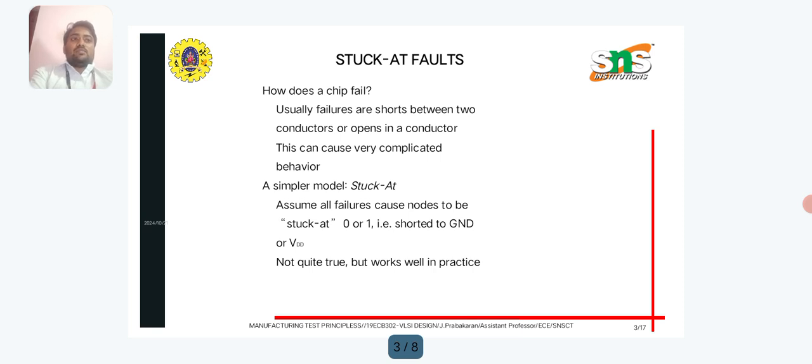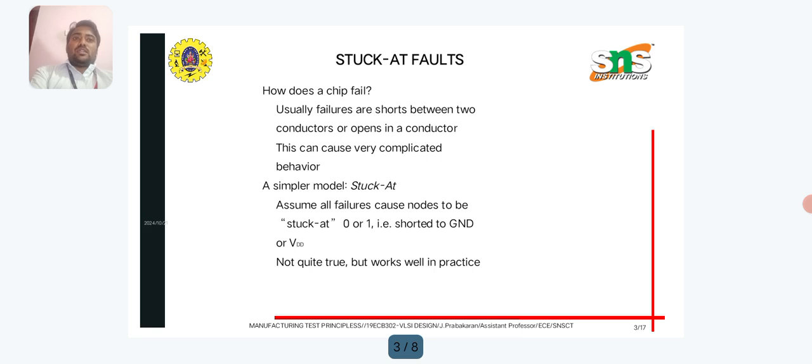Let me discuss some of the types of fault, that is stuck fault and bridging fault, and another one is open circuit fault and delay fault. Stuck fault means a signal is stuck at a logic 0 or logic 1 and does not change as expected.